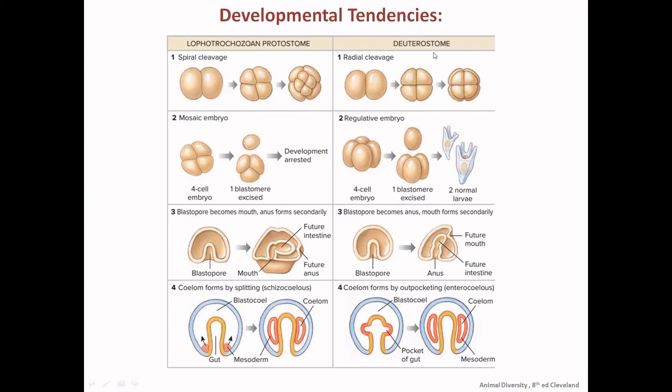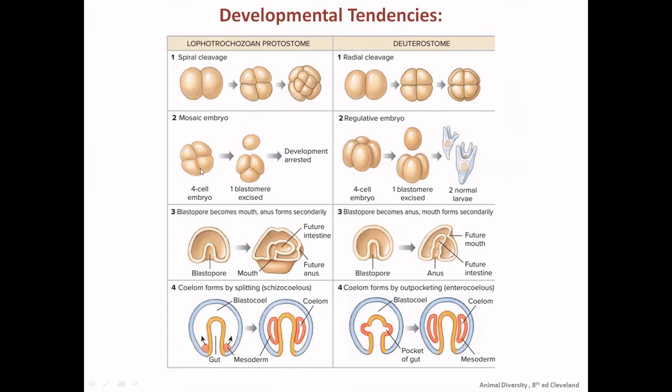And in deuterostomes, the blastopore develops into the anus, and the mouth is developed from another opening opposite to the blastopore. In protostomes, spiral cleavage is seen, that we have already discussed earlier. But in deuterostomes, radial cleavage is seen, that also we have discussed earlier.